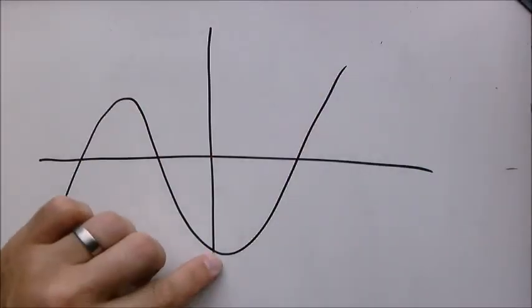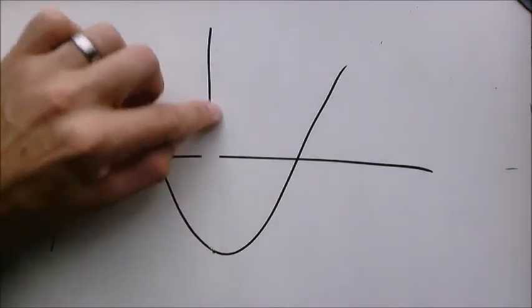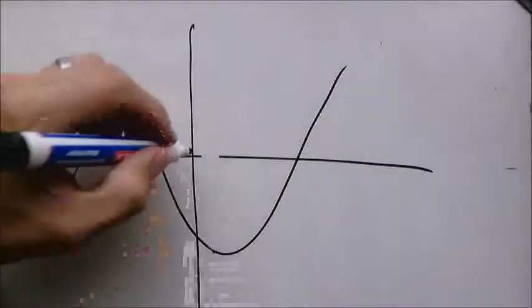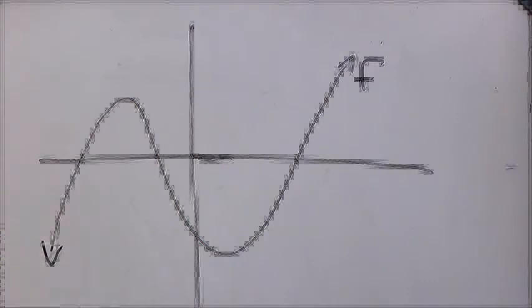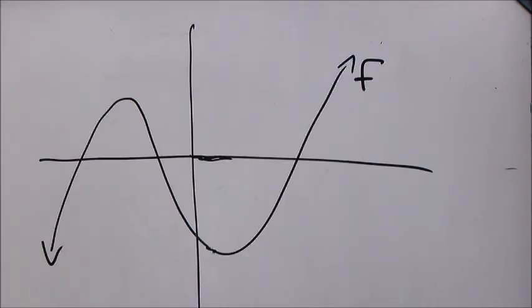Let me just move the y-axis a little bit. So this is function f, a normal cubic function. Okay, and I want to show you how information can be presented in a question. Okay, so let's take it through.